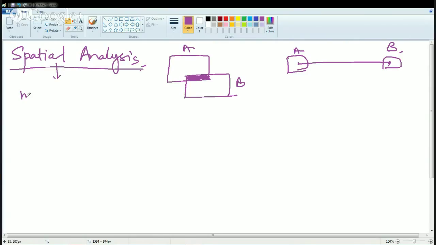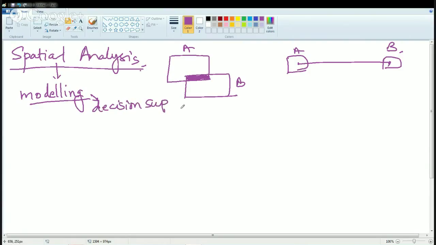Based on this spatial analysis, what we can do is modeling. Modeling is generating decisions based on what we are spatially analyzing. So modeling basically promotes a decision support system.